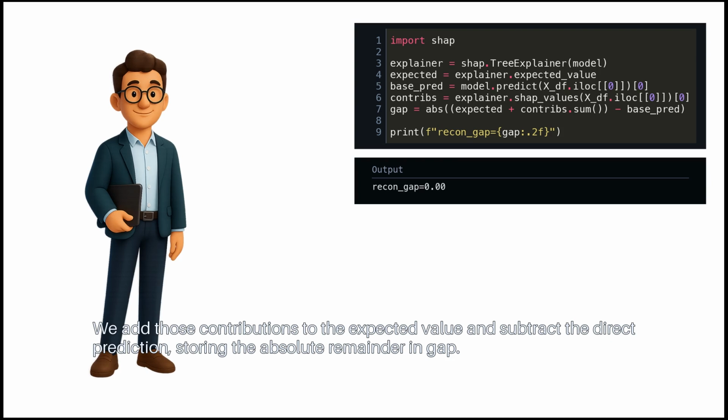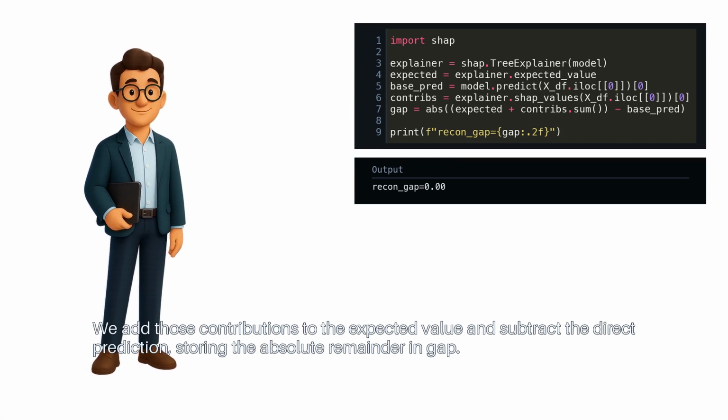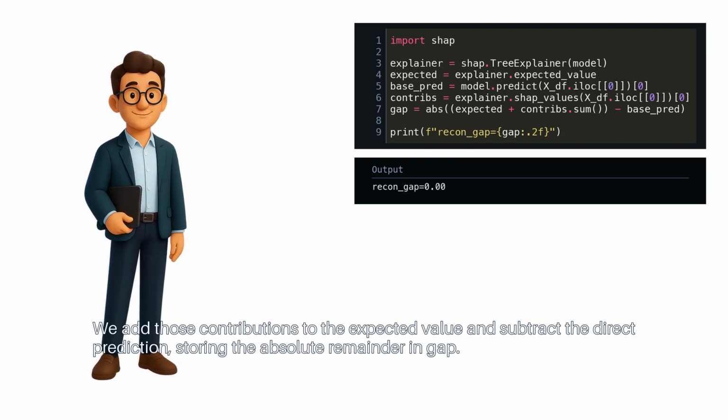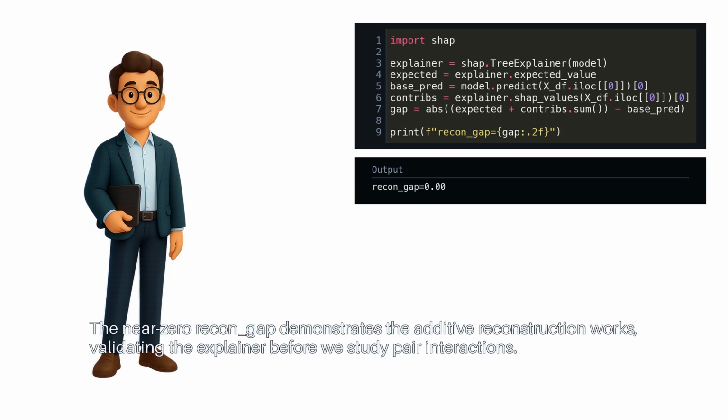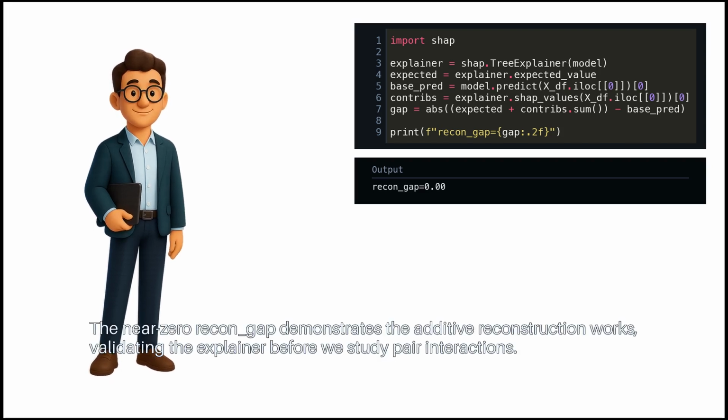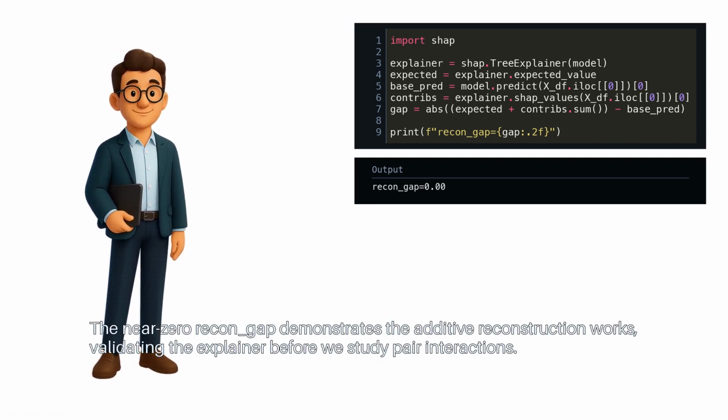We add those contributions to the expected value and subtract the direct prediction, storing the absolute remainder in gap. The near zero recon gap demonstrates the additive reconstruction works, validating the explainer before we study pair interactions.